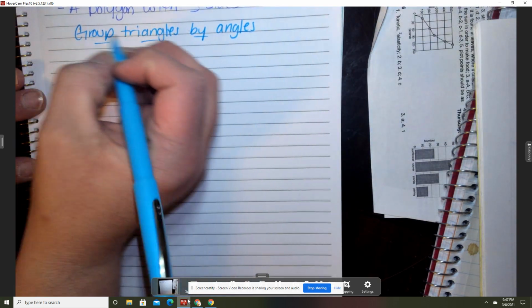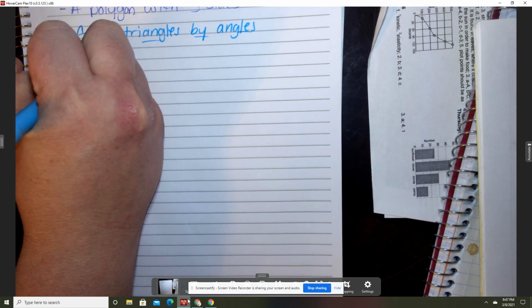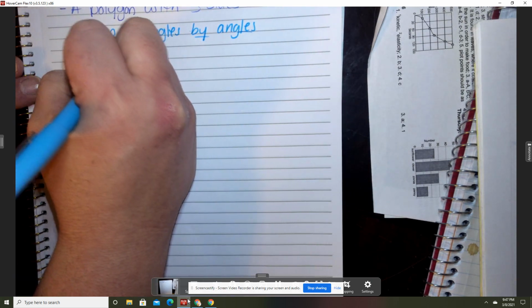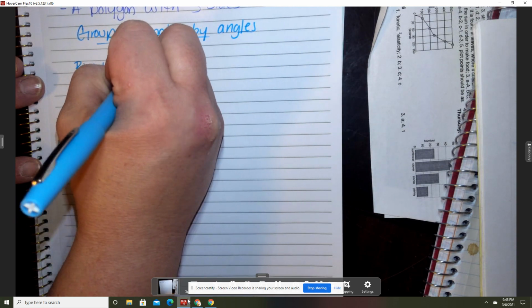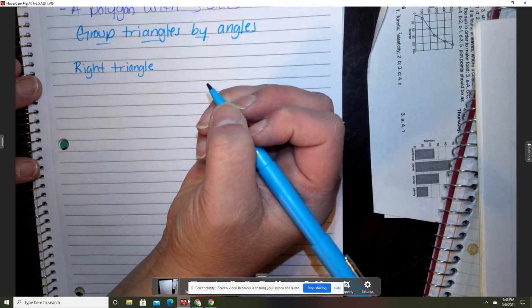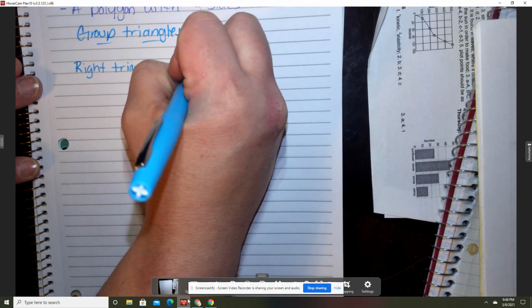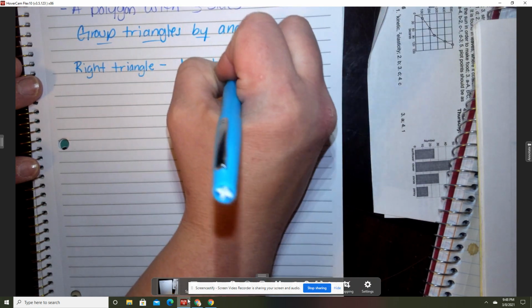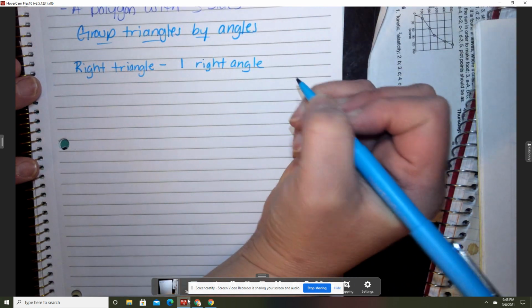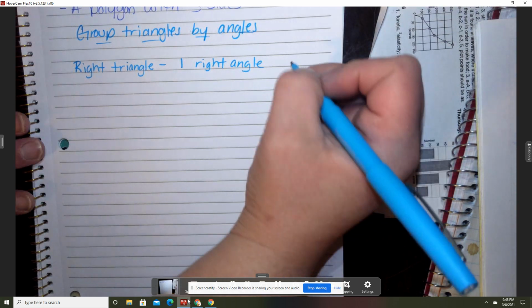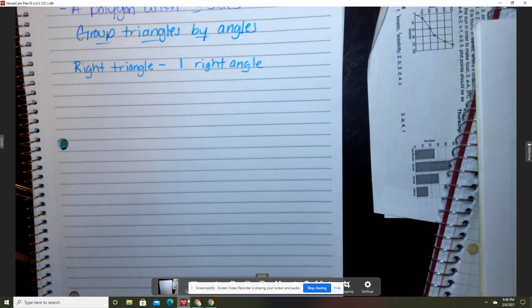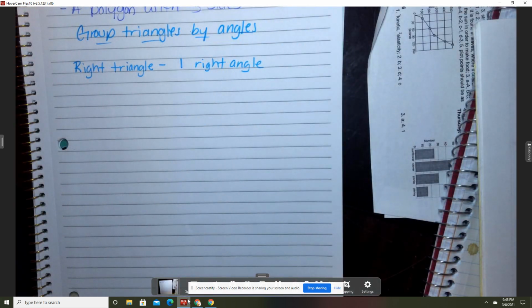So you have a right triangle. Now I'm going to do this the best I can. A right triangle has one right angle, and then the rest are acute. I need a protractor, and I was at Chrysler today and I meant to get a protractor.